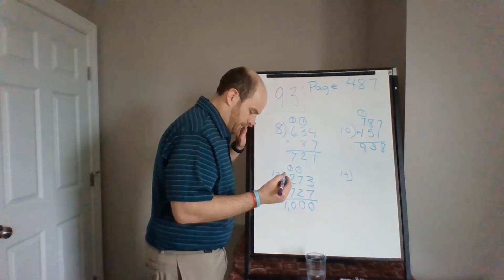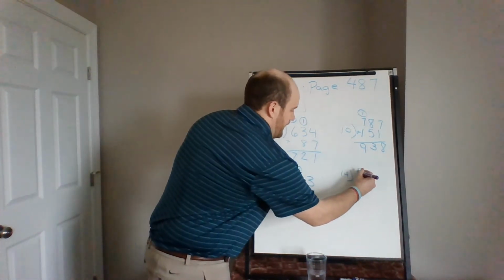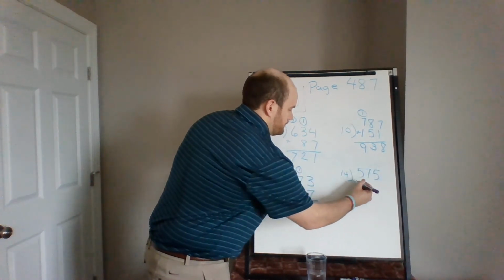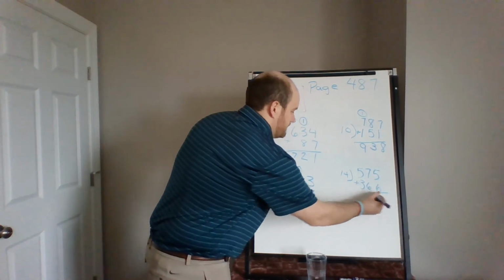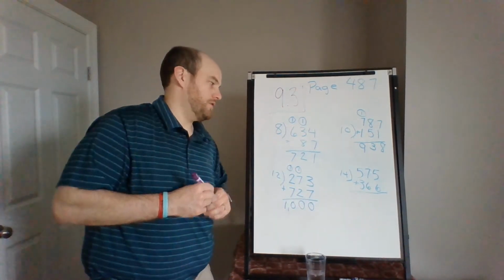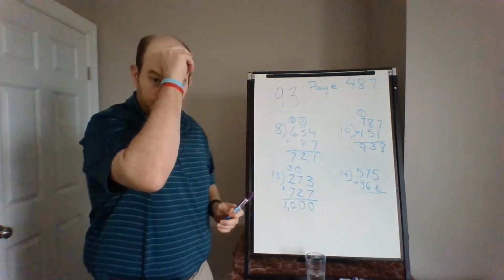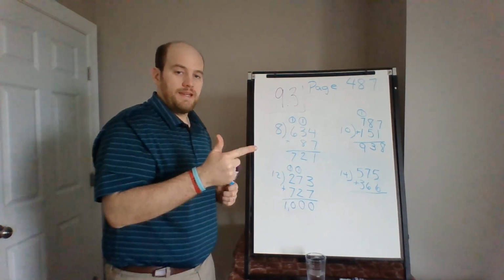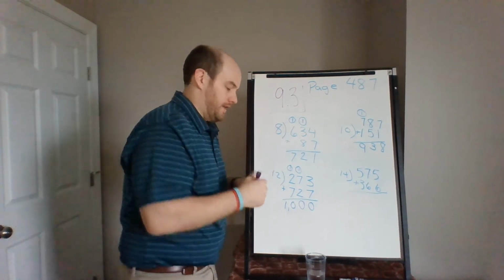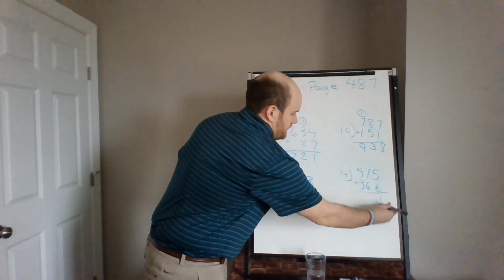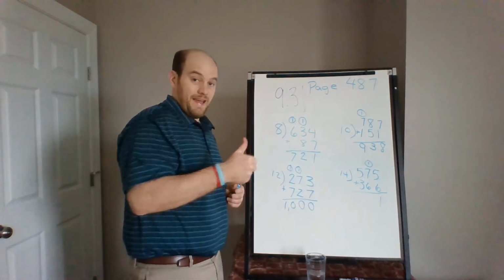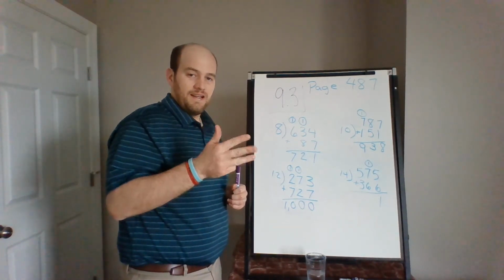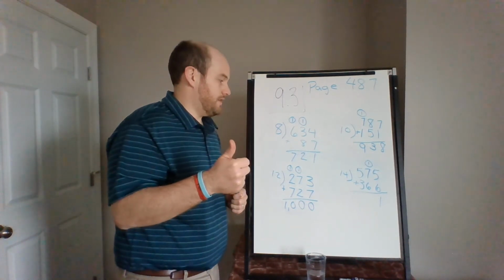And then for number 14, it's 575 plus 366. All right, same spiel. 6 plus 5, 6, 7, 8, 9, 10, 11. Carry my 1. 7 plus 6, 7, 8, 9, 10, 11, 12, 13.